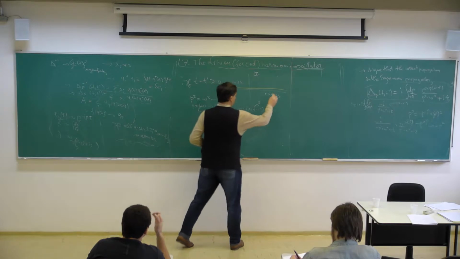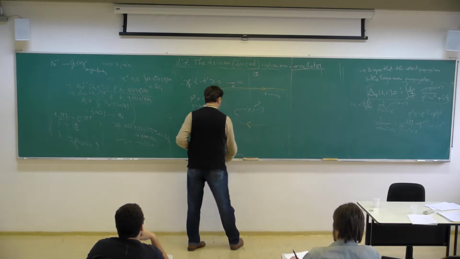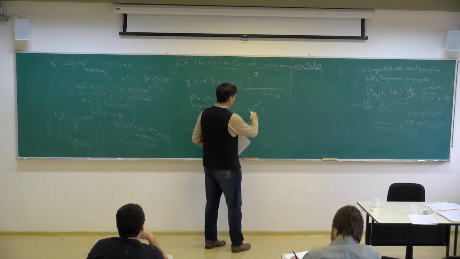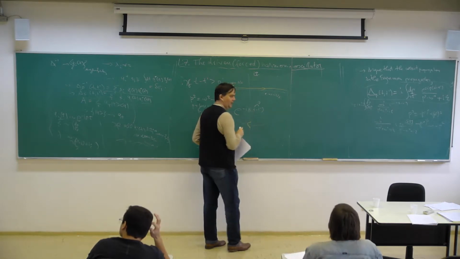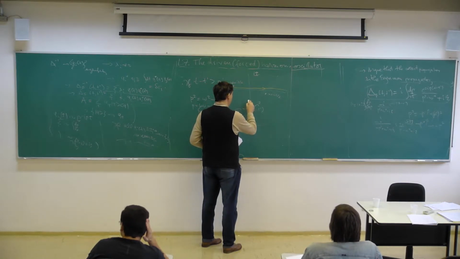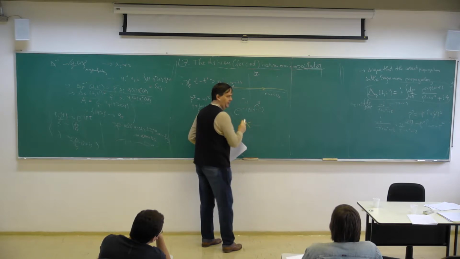So if I close the contour below, then p will have a negative imaginary part. So this is the minus i times something. But then with the minus i, this would be minus, and here positive. So this would be a decaying exponential.